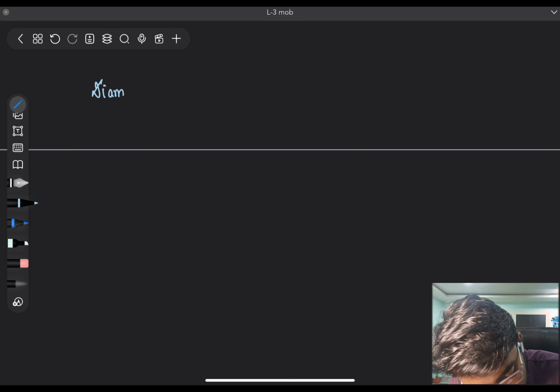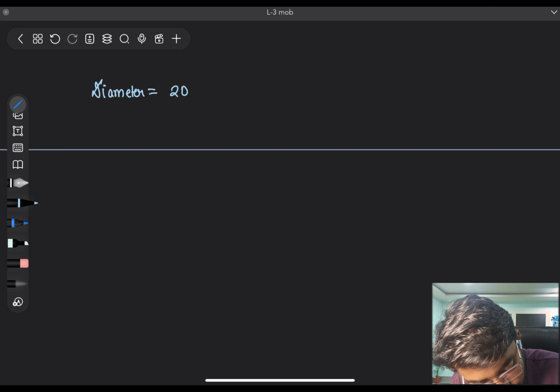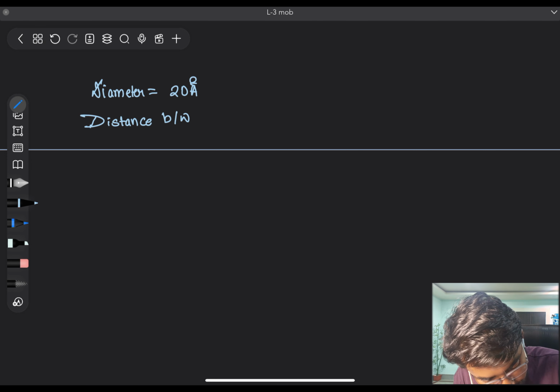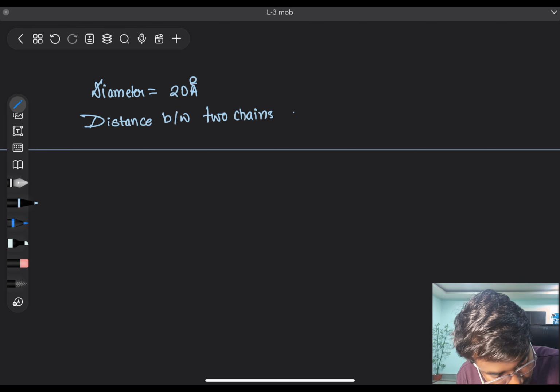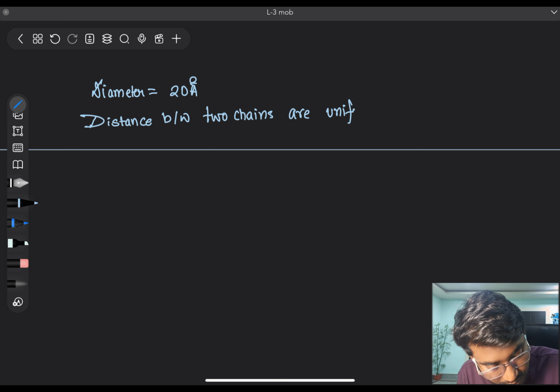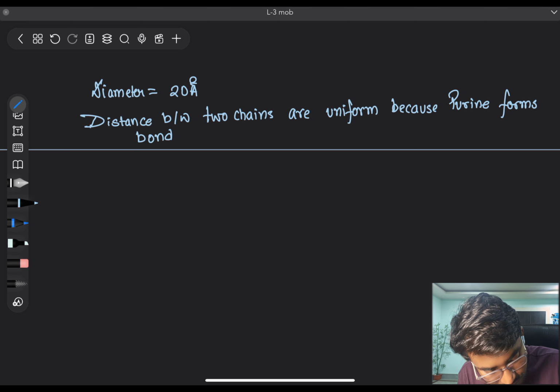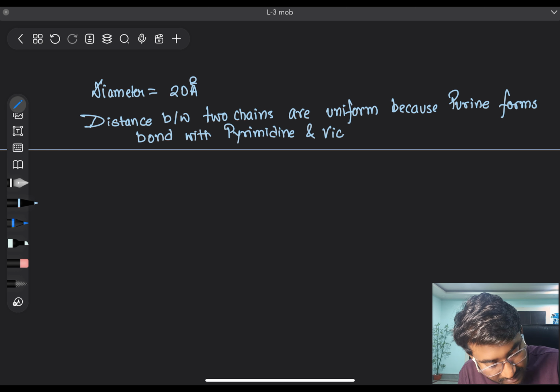Diameter of one DNA is 20 angstrom. The distance between the two chains is uniform because purine forms a bond with pyrimidine and vice versa.